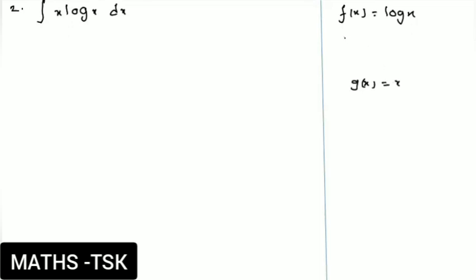For the highlight, first logarithmic function, then algebraic. Inverse is not there, trigonometric is not there, and exponential is not there. So these two functions are there, and among them logarithmic is first. So f dash of x is equal to 1 by x. What is integration of g of x dx? It is x square by 2.